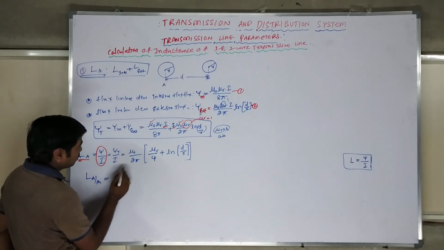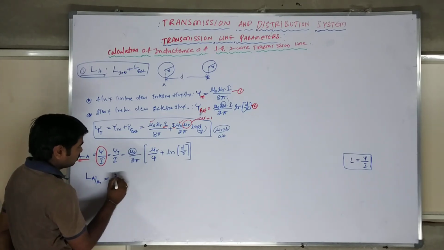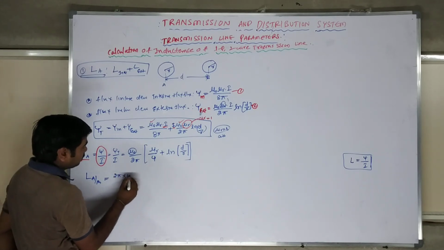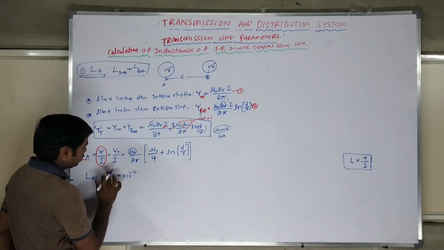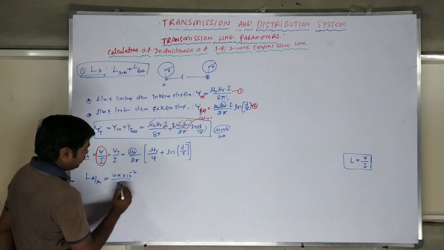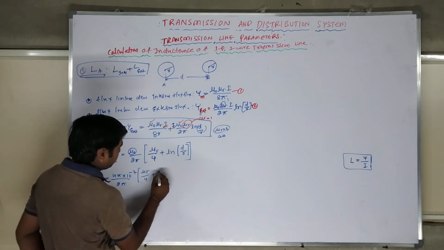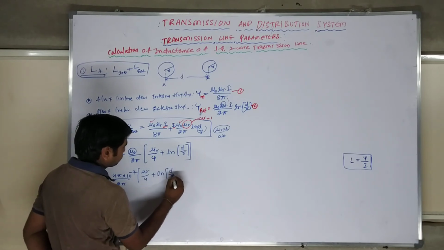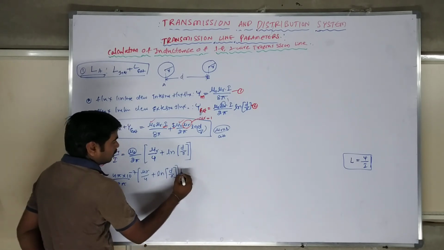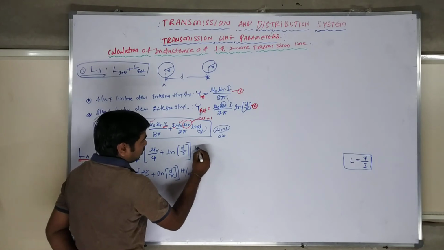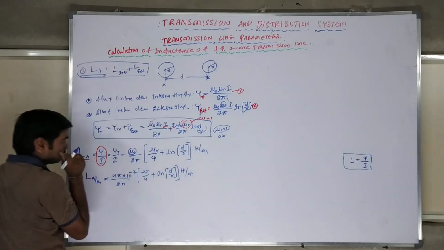Next, inductance per phase is equal to, as you know, mu naught is 4 pi into 10 to the power of minus 7, so 4 pi into 10 to the power of minus 7 by 2 pi, and then mu r by 4 ln into d by r, in Henries per meter. Always Henries per meter.